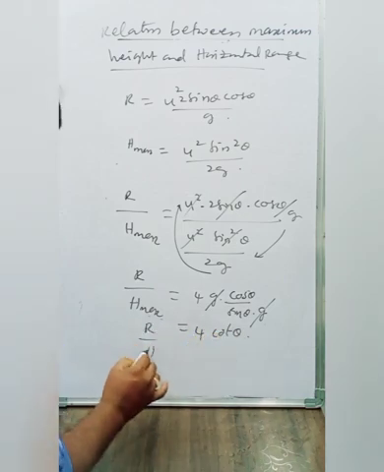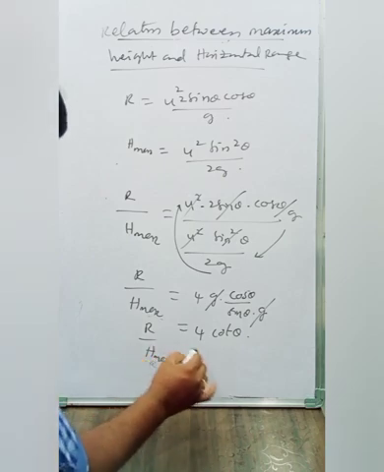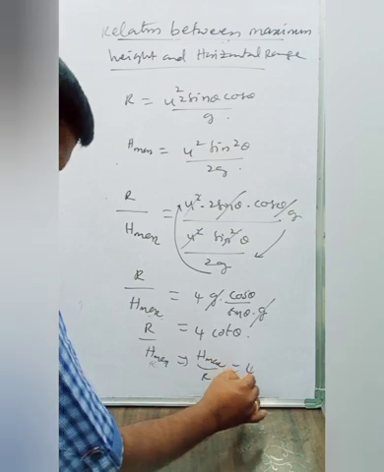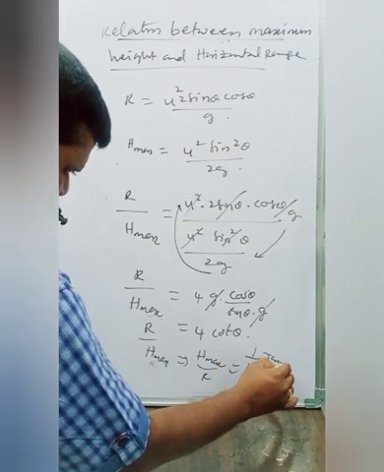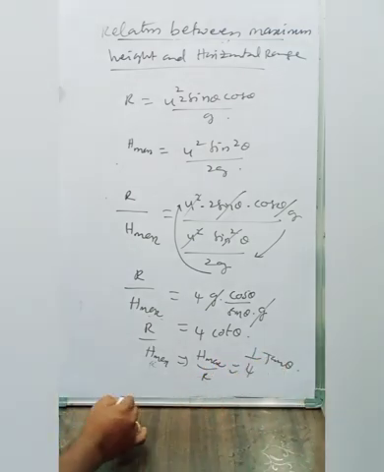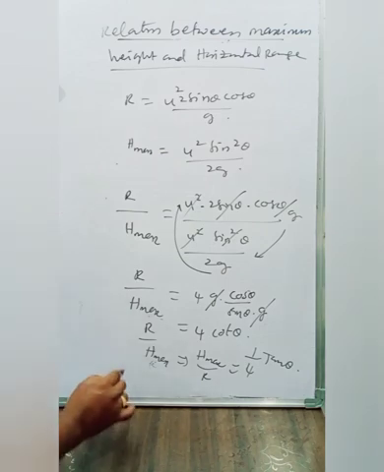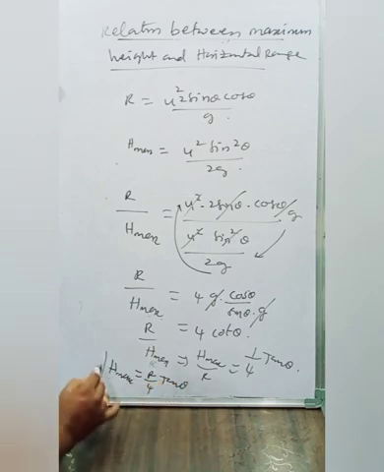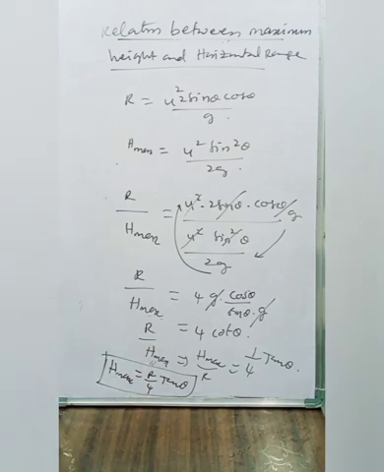Or we can also write h maximum by r is equal to 1 by 4 tan theta, or h maximum is equal to r tan theta by 4. This is the relation between maximum height and range of the projectile.